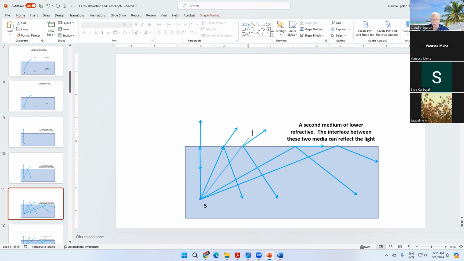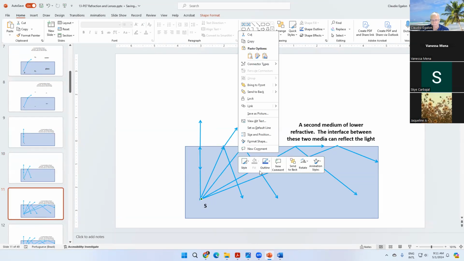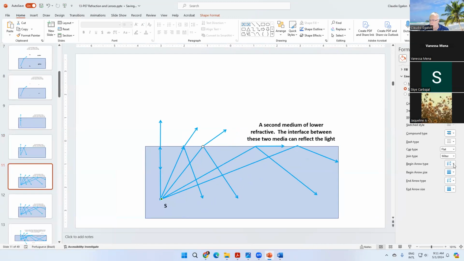Note that the angle of refraction is greater than the angle of incidence, okay?